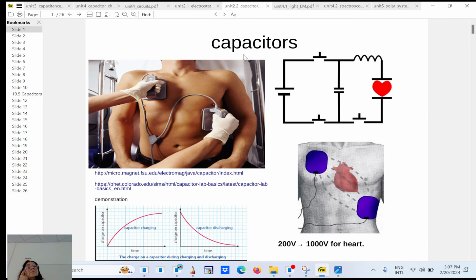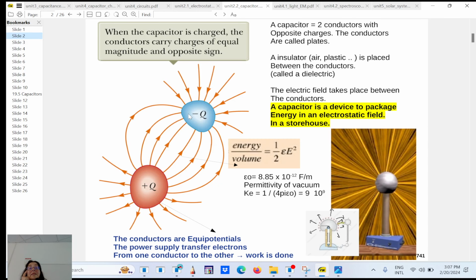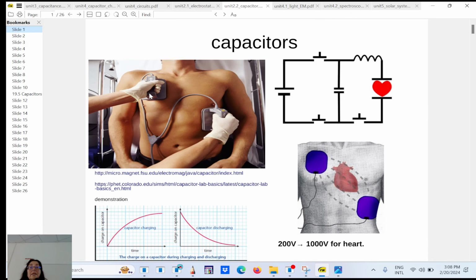So let's talk about capacitors, okay? Still attached to the same unit. The best example I can think of is a defibrillator. So how does it work? A capacitor, or a defibrillator in that case, is made of two conductors. This is connected to a power supply, okay?